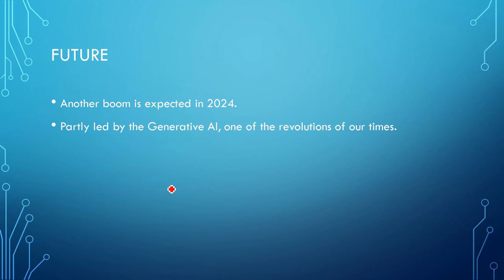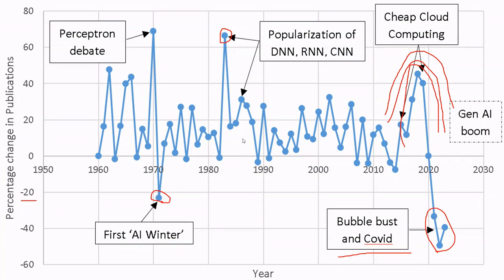It will be partly led by generative AI, which is definitely one of the revolutions of our times. No one could have imagined that a computer would have such a good command over language so soon, right? So this definitely is the future, and that is what I have tried to show in this chart, that we expect a Gen AI boom in the future.